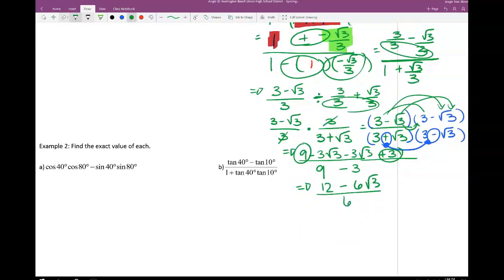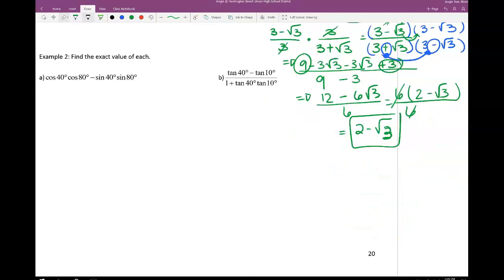And 9 minus 3 is 6. I'm going to factor out a 6 from here. That leaves me with 2 minus rad 3 all over 6. Reduce that. I end up with a nice answer of 2 minus rad 3. Okay? So, yes, you have to rationalize your denominator.